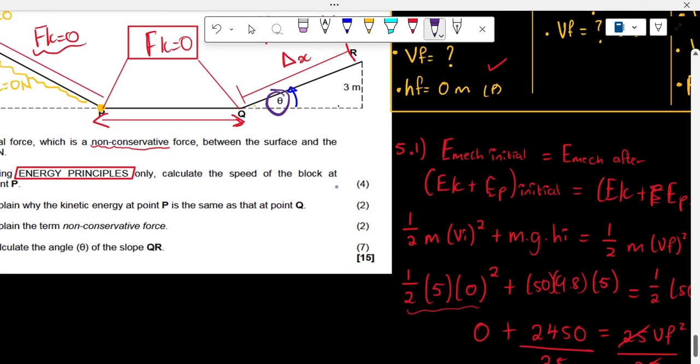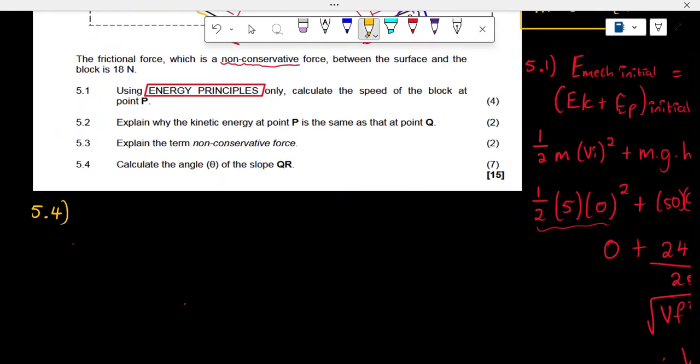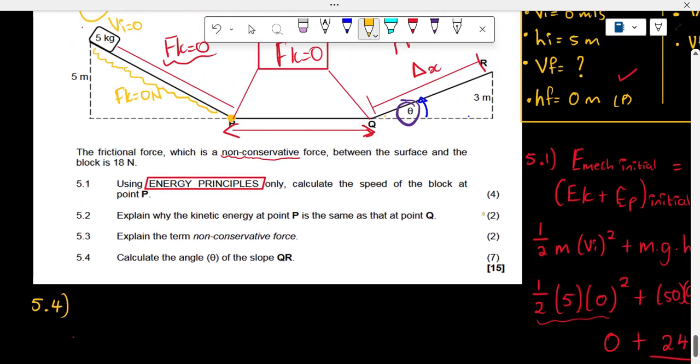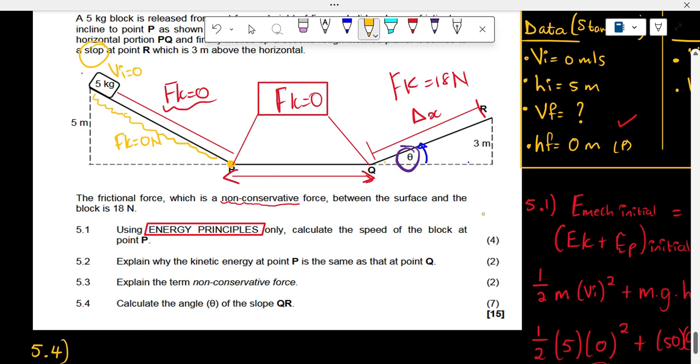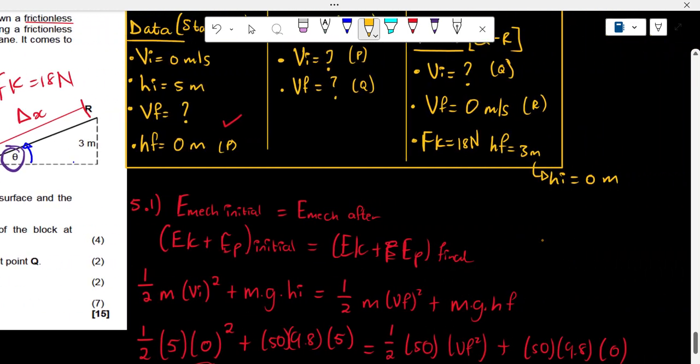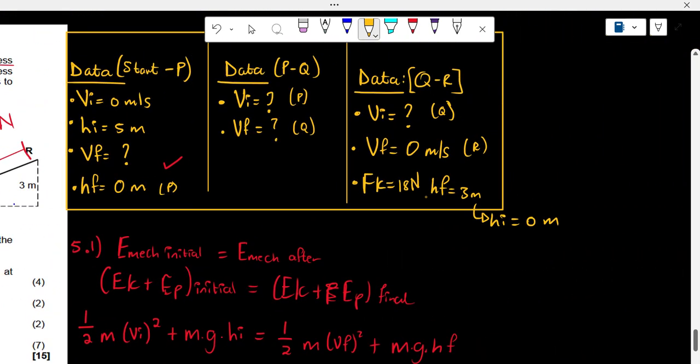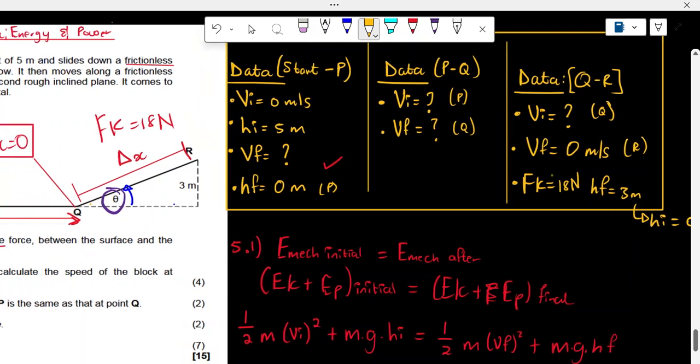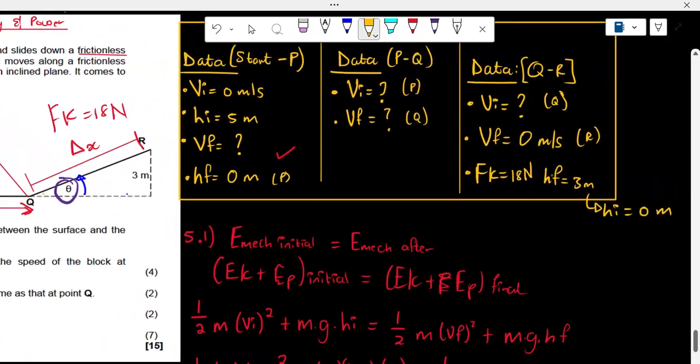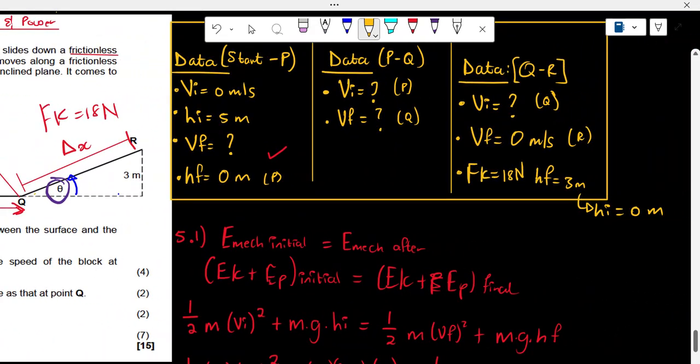So let's implement the plan of attack. So where do I start? I need to start by determining the delta x. So the first thing that I need to do is look at the information that I'm given and then work on a way out. So guys, think about it. Remember, we don't know what the velocity at Q is.